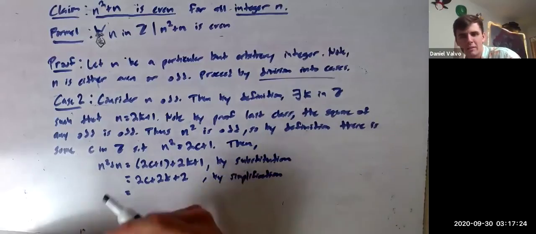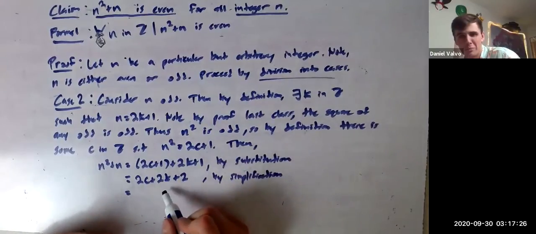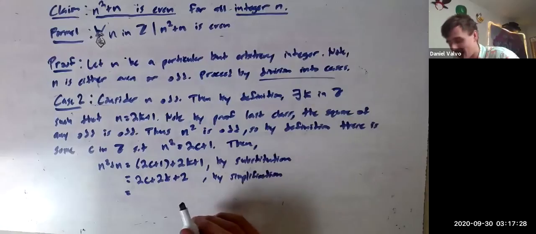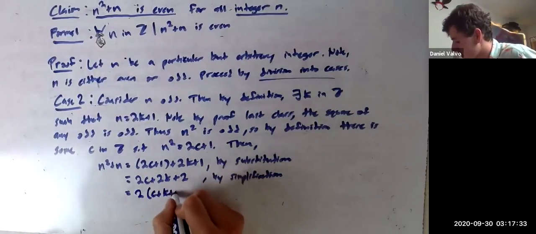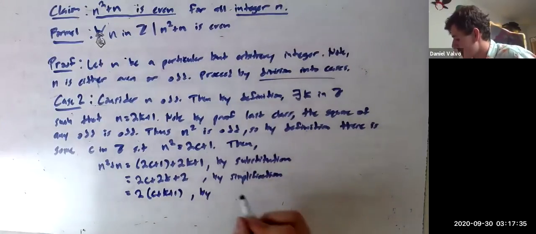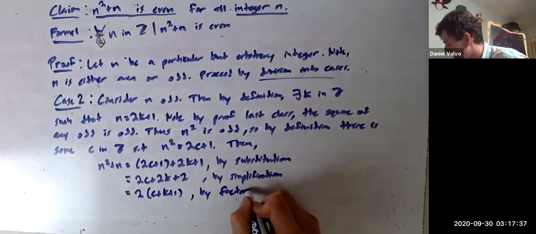Simplification, evaluation, that all just means you're just doing some math, adding two things together, that kind of thing. But then this equals 2 times (c plus k plus 1) by factoring.